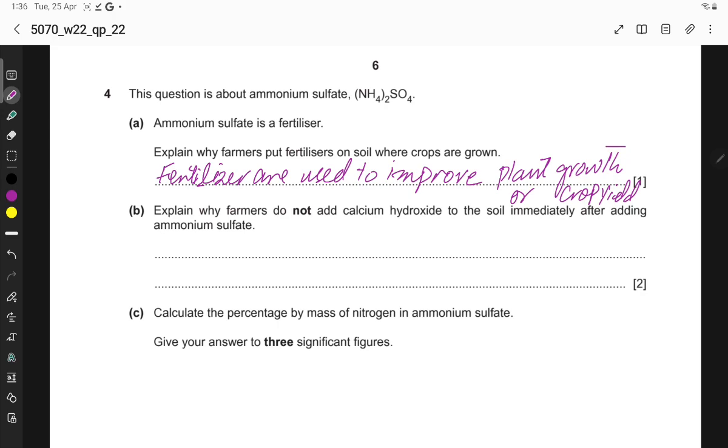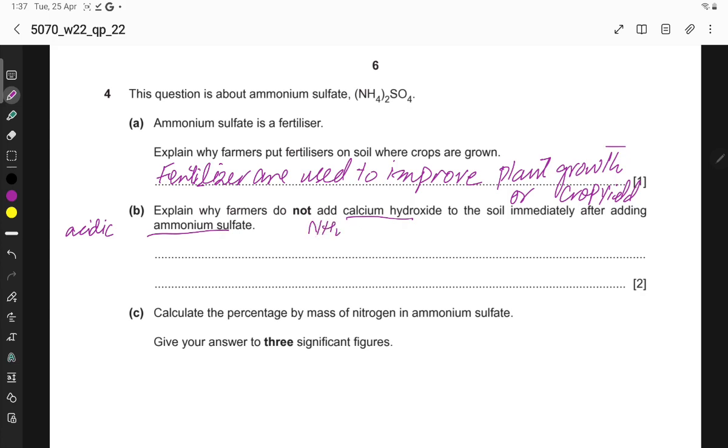Explain why farmers do not add calcium hydroxide to the soil immediately after adding ammonium sulfate. Calcium hydroxide acts as a base, and all ammonium salts are acidic in nature. When they react with each other, they form ammonia.